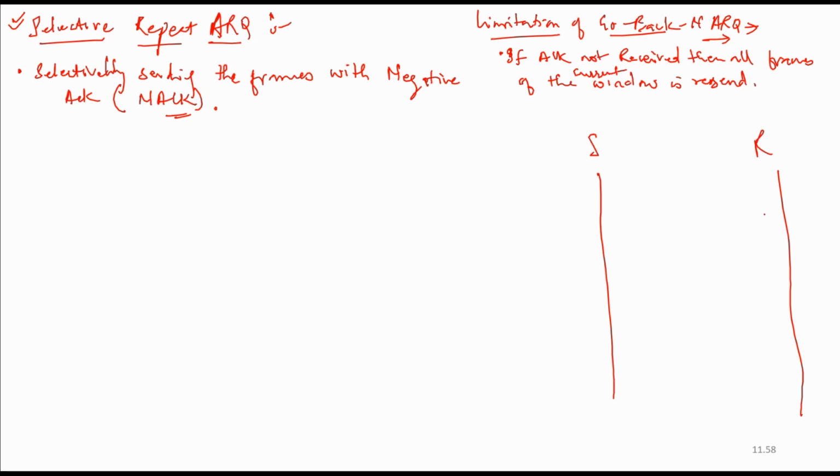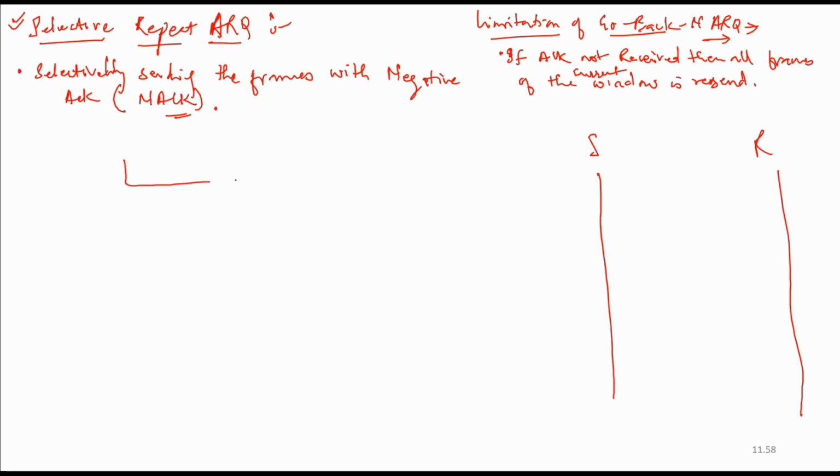Whenever the receiver has not received frame number 2, it will send a negative acknowledgement for frame number 2. So only frame number 2 will be sent again. It will not send all the frames that are available in the window. This is the basic idea.